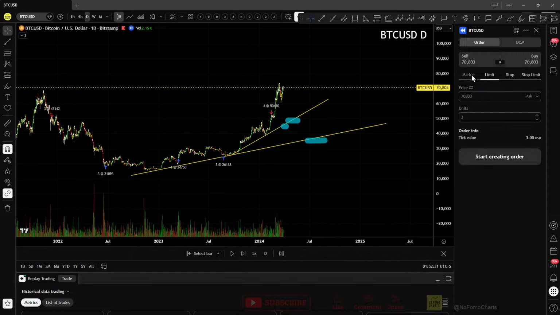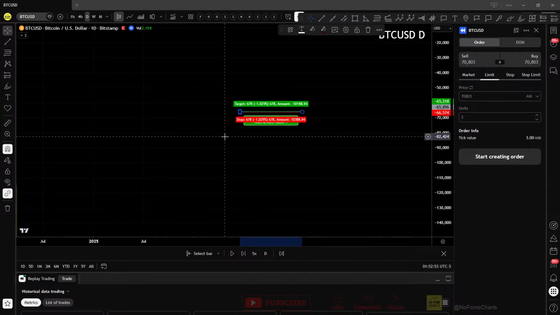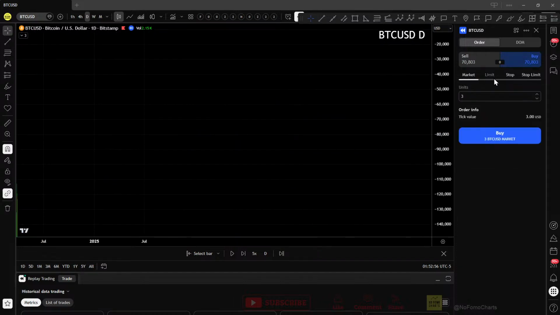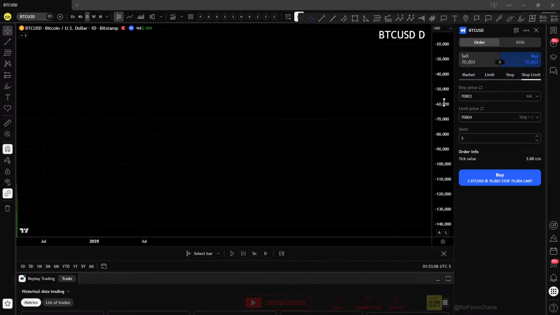What I really wish TradingView and certain crypto exchanges did is I just wish everybody had trailing stop loss, because that's my favorite type of stop loss. I love trailing stop losses because there's regular, right here you can see on the right side, you have a market order, you have a limit order, you have a regular stop loss, which is a market sell stop loss, and you have a stop limit, which means there's a stop price, and if it goes below the stop price, it activates the limit sell order.